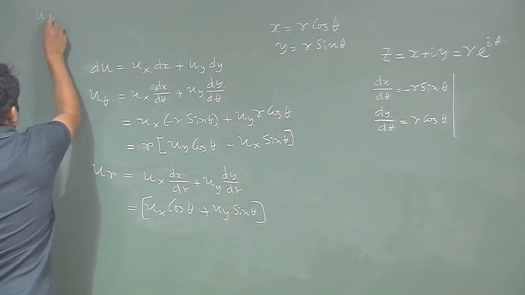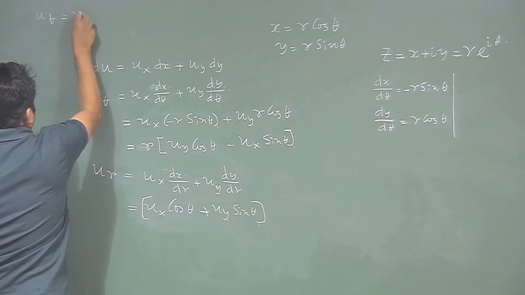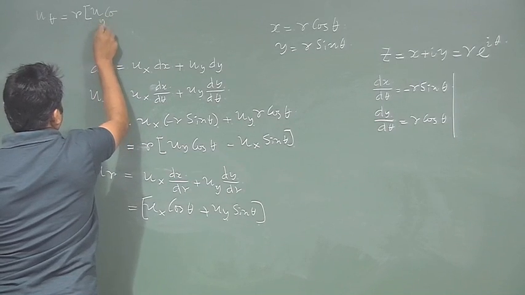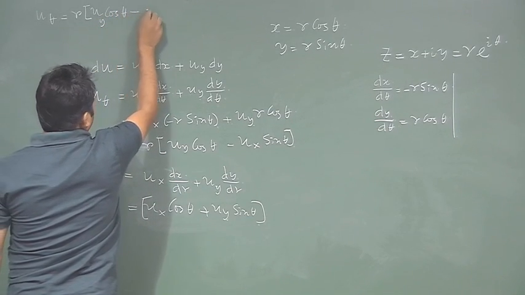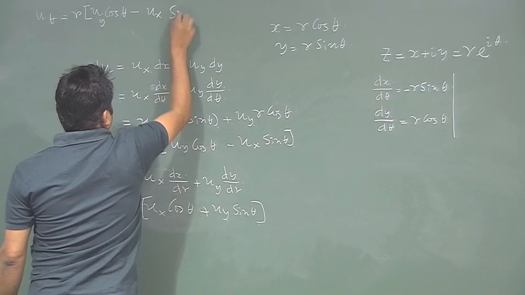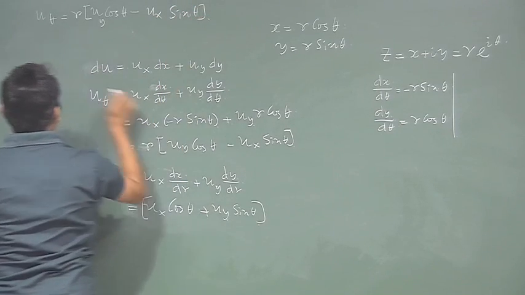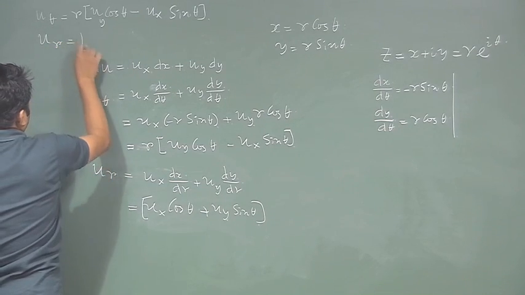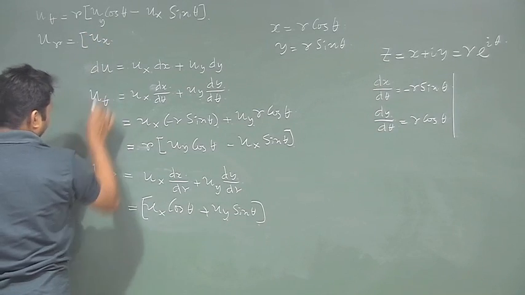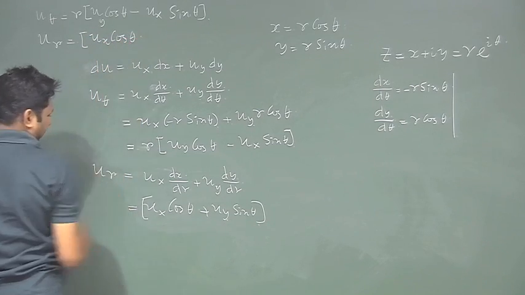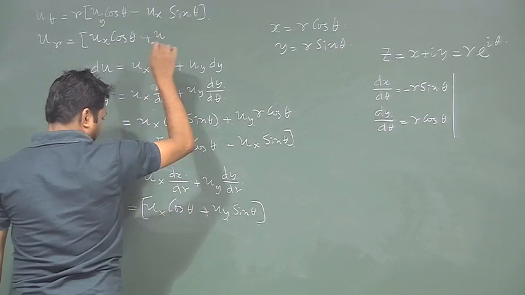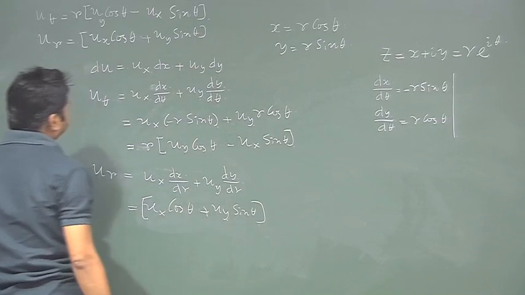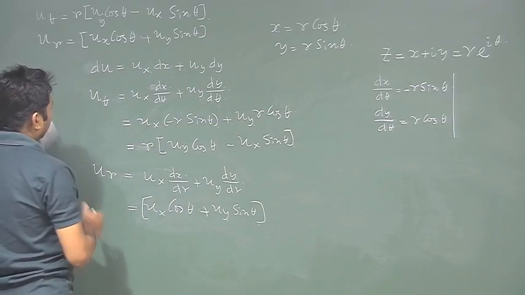So u theta is r times uy cos theta minus ux sin theta, and ur is ux cos theta plus uy sin theta.